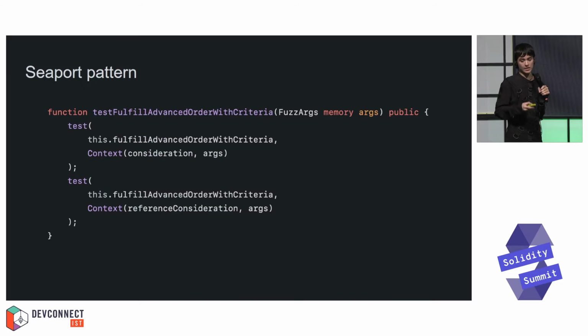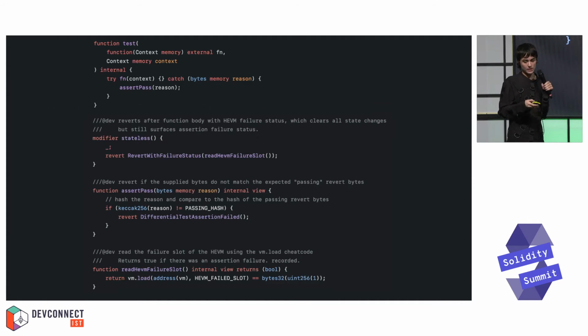But because in this pattern you're testing two contracts in the same entry point function, you need to roll back state somehow to be able to run these contracts against the same setup state with the same fuzz arguments. And this is code basically from DifferentialTest.sol, which is also in my references slide.